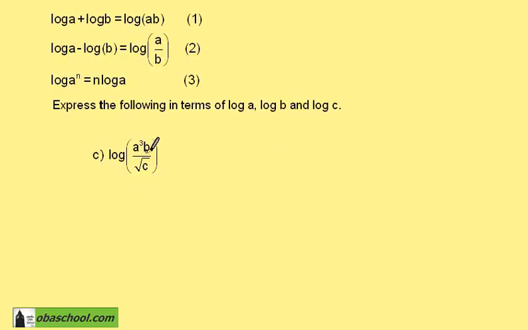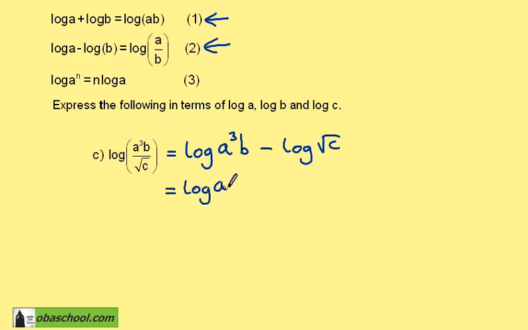To split this one apart, we can see in the first instance it's like 2, so we split into log A cubed B take away log square root of C. This is like number 1, so to split this apart we get log A cubed plus log B, and then take away log root C. The square root of C is C to the power a half.